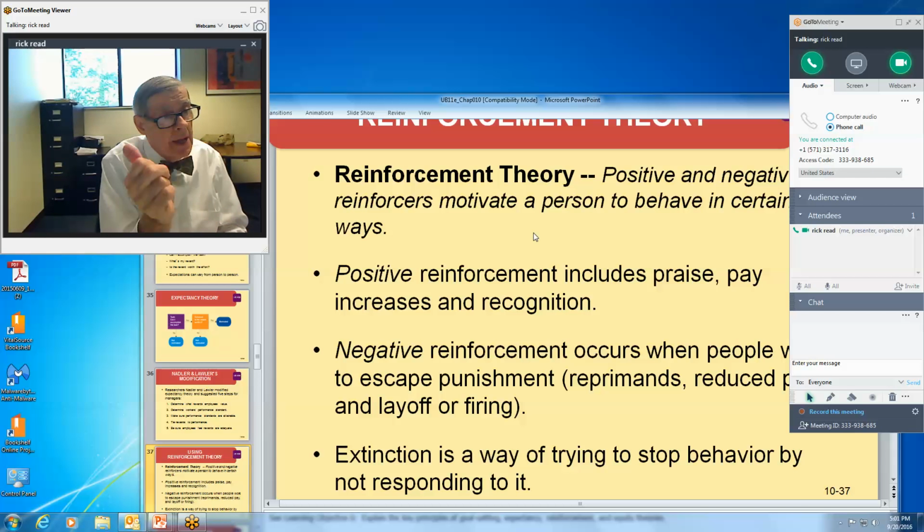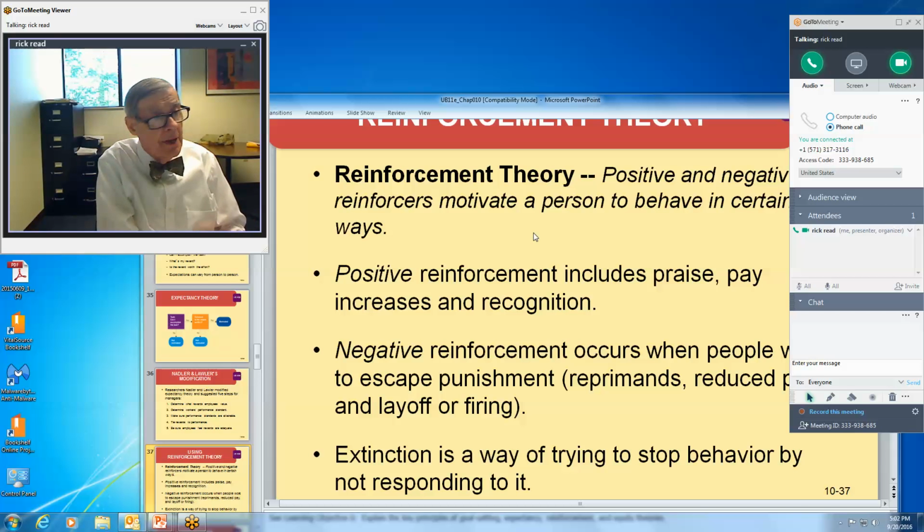If you use negative reinforcement, it means you want the employee to stop doing that because it's counterproductive or against company policy or something else. Positive reinforcement includes pay, promotion, recognition, etc.